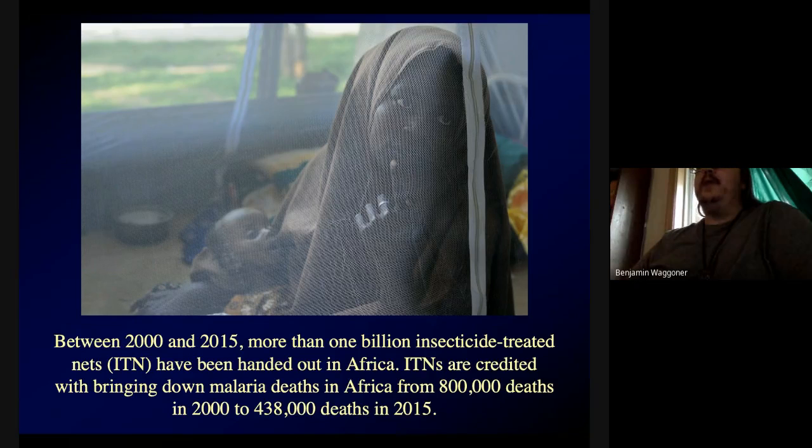And they're credited with bringing malaria deaths down in Africa from an estimated 800,000 to 438,000. The death toll's been cut nearly in half. Sometimes the simplest ways are the best ways, certainly the most cost-effective ways.